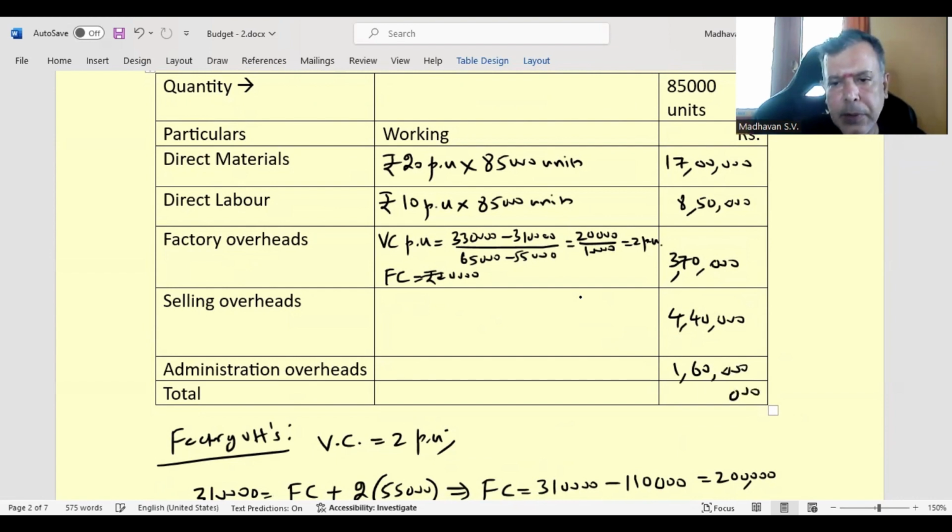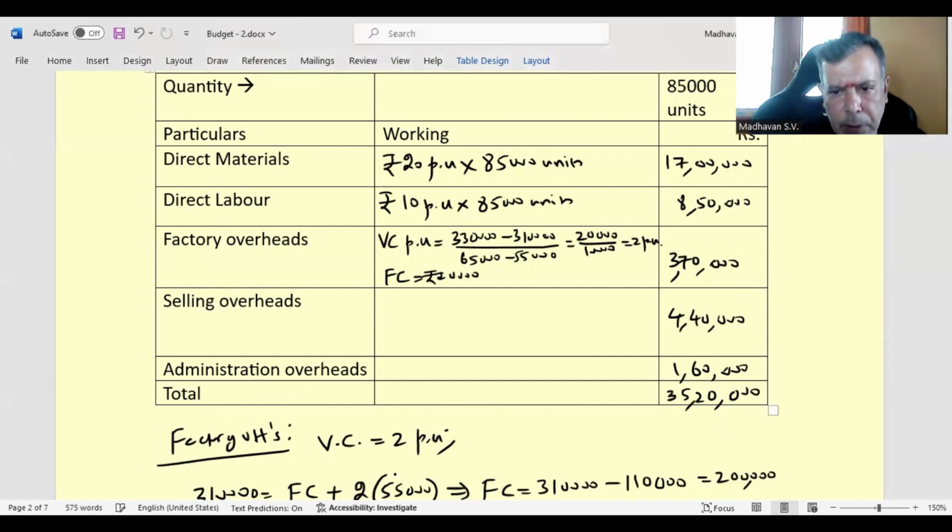Now let us add this. 17 lakhs plus 850,000 plus 370,000 plus 440,000 plus 160,000 is equal to, we get 35 lakhs 20,000.